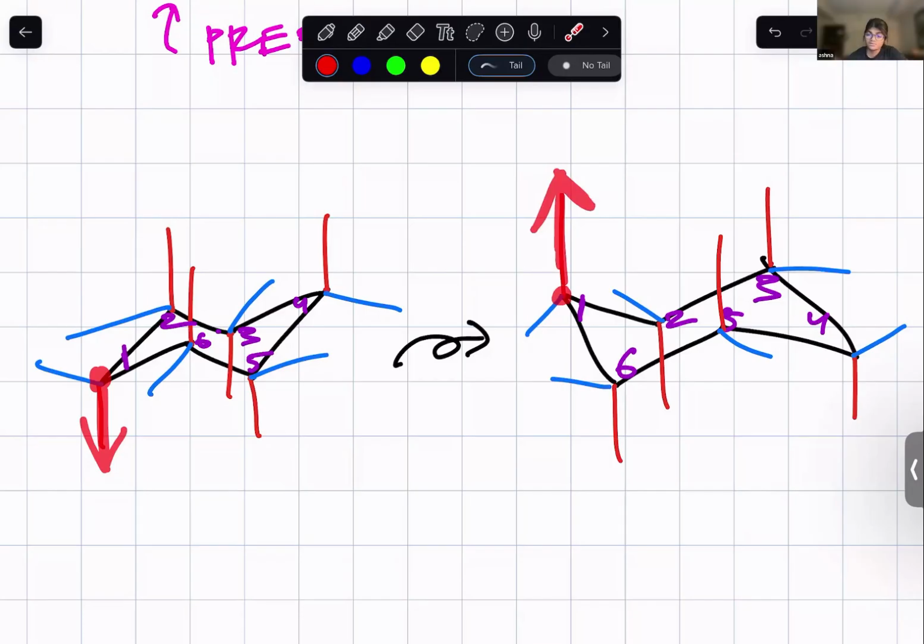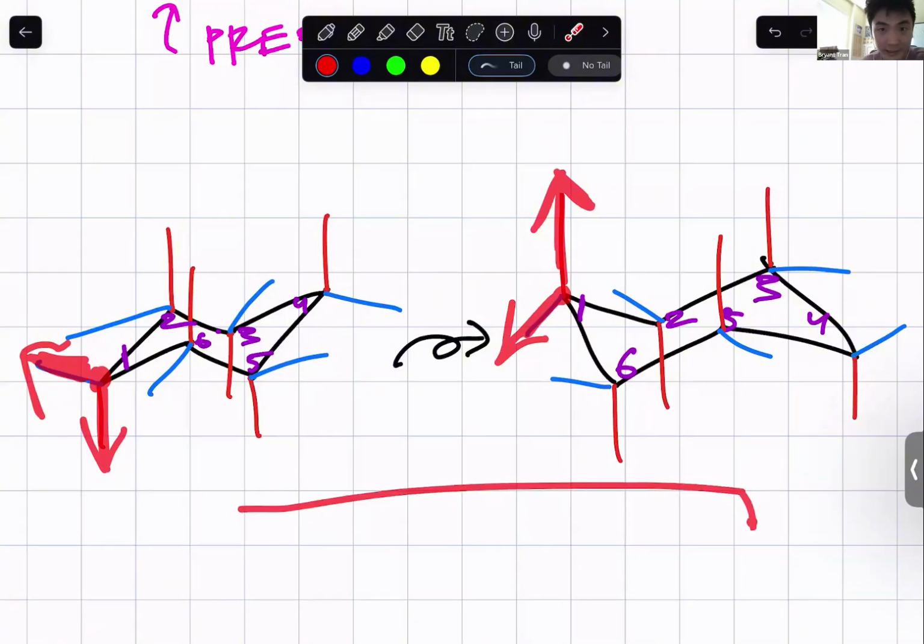Up. Up, right. The direction of each axial and equatorial bond would flip, right? If you look at the equatorial bond on carbon 1, that's facing up. If you look at the equatorial bond on carbon 1 on the other chair conformation, that's facing down, like that. So the direction of each axial and equatorial bond would be flipped for the two different chair conformations, like that.